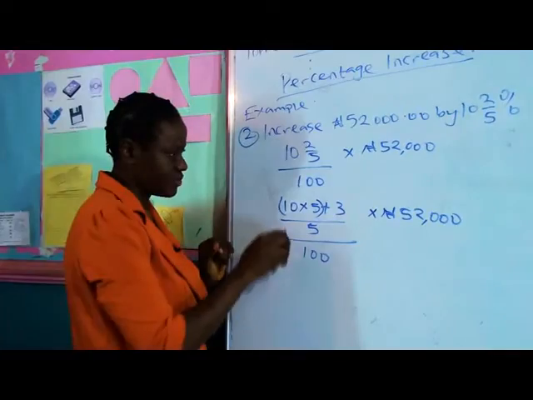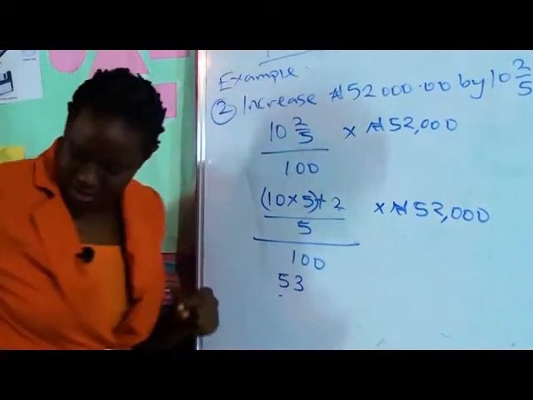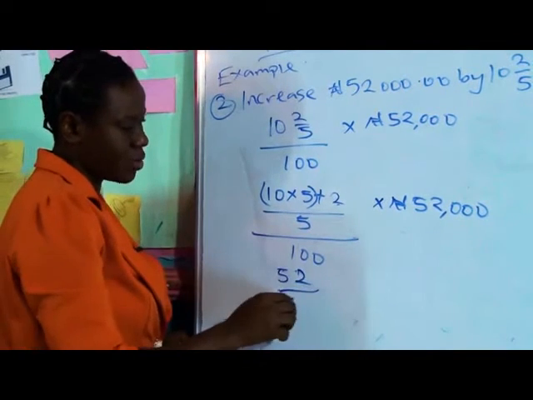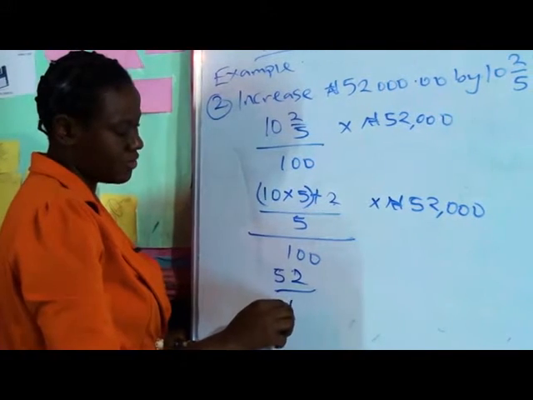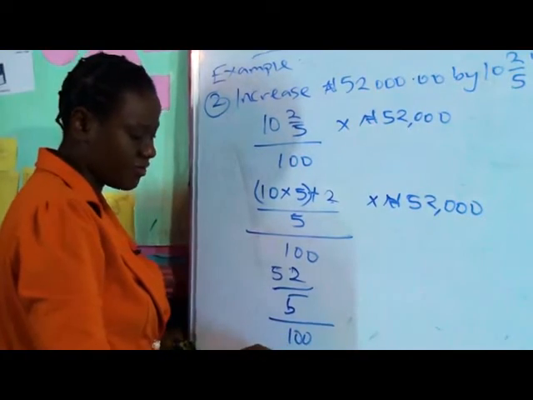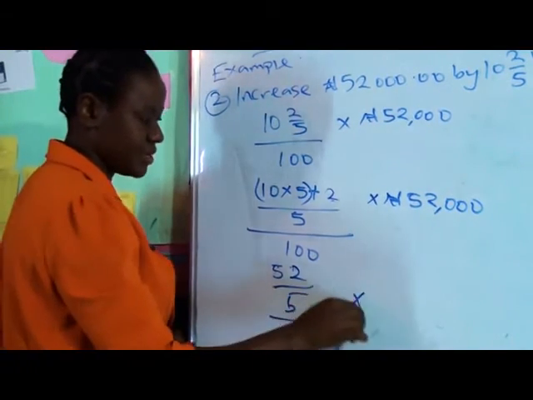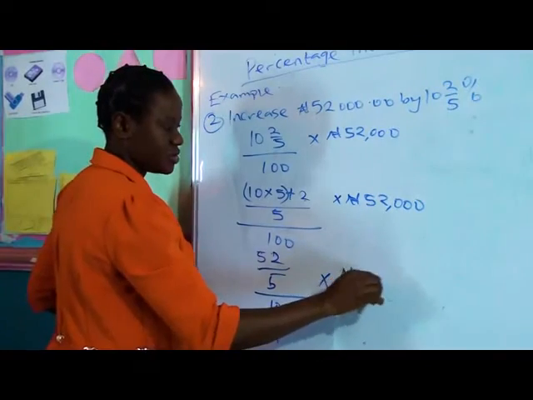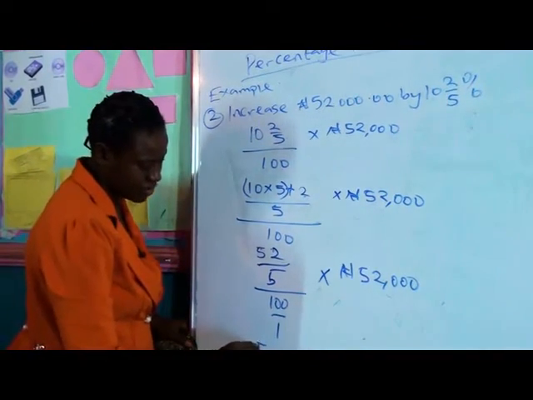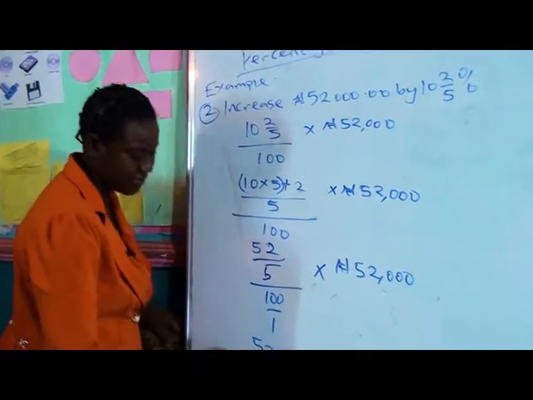So this gives us 50 plus 2 gives us 52 all over 5, all over 100 over 1, times 52,000. Now we take it this way, 52 all over 5.